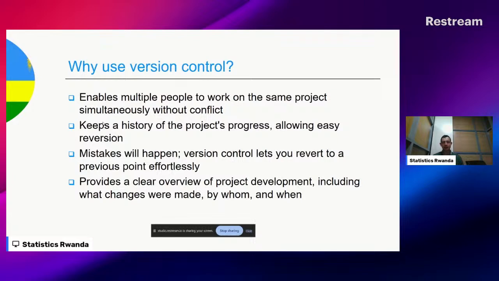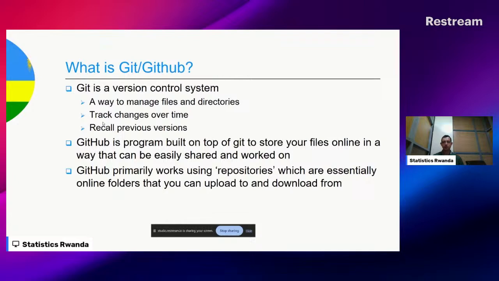And then finally, it also provides a clear overview of project development, including what changes were made, by whom and when. So when we're working on big projects, it can really be useful to understand if changes are made, kind of when they were made, who made them, and what the purpose of that was.